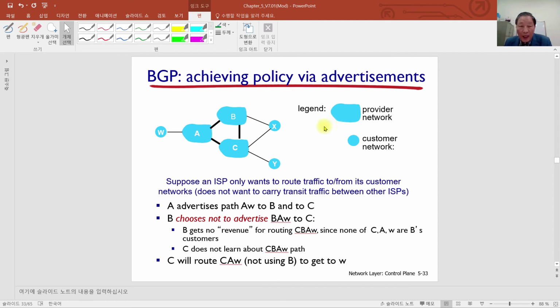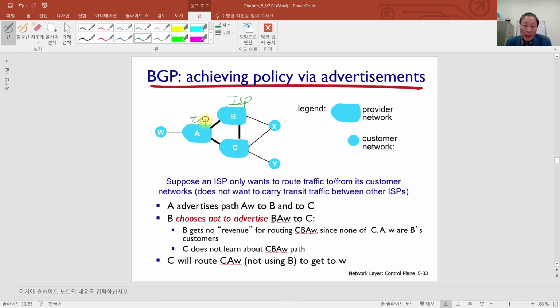Okay, this one explains another issue, less important: achieving policy by advertisement. Think about this. The legend explains the provider network, the internet service provider network, ISP.